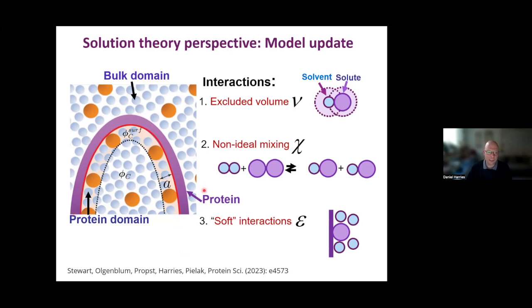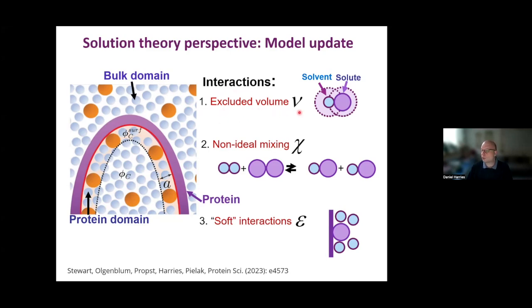And this affected area we call the protein domain, and we have this parameter, this typical length scale across which the Crowder can interact with the protein. We call it A. And then we consider interactions in both the bulk domain and in the protein domain that have to do with interactions between the different components in solution.